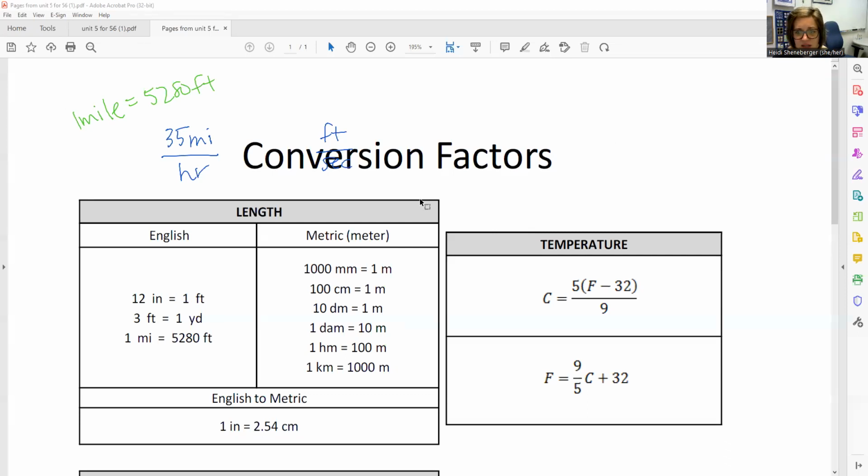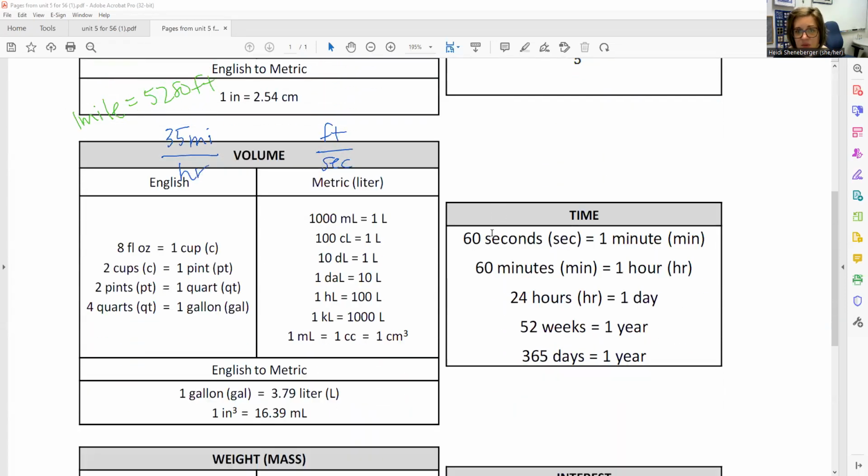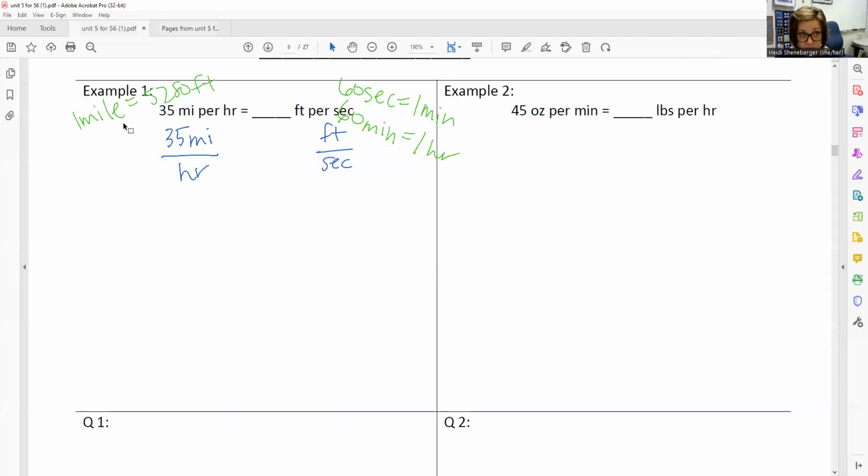There are 60 seconds in an hour. You guys probably knew this already, but I'm going to write it down anyway. 60 seconds equals 1 hour. Oh, just kidding, equals 1 minute. And then there are 60 minutes in 1 hour. So these are the facts that I'm going to need to solve my problem.